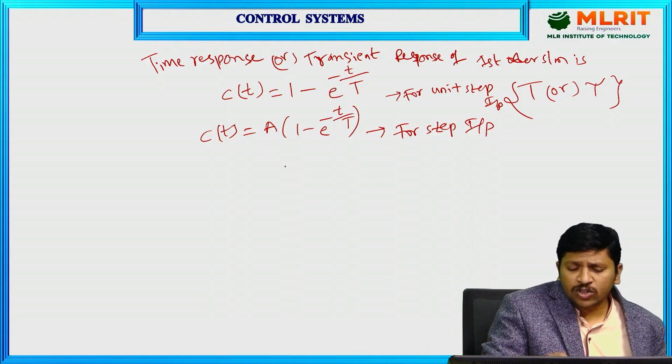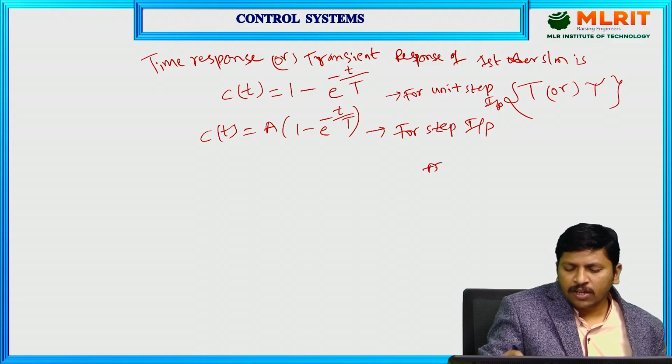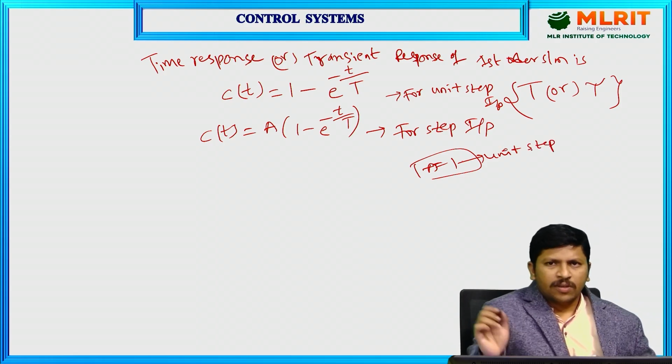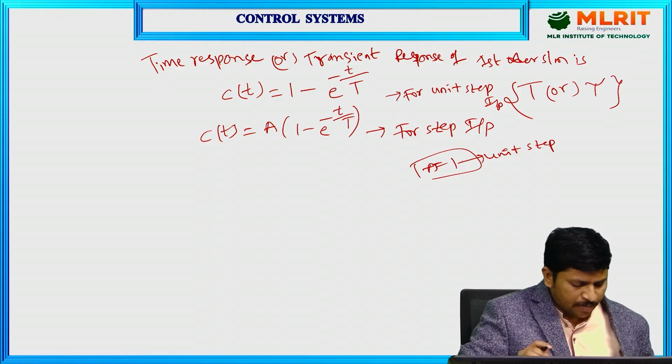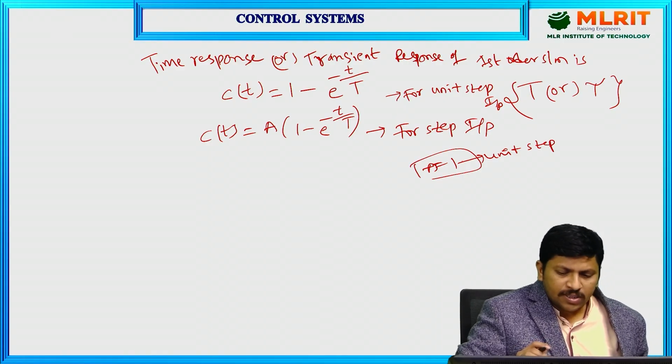Here A equals 1 is nothing but the unit step. This is the response or transient response or time response of the first order system for unit step input.